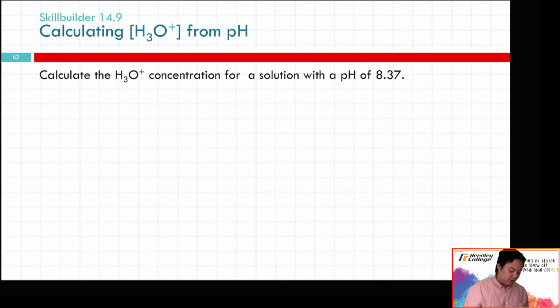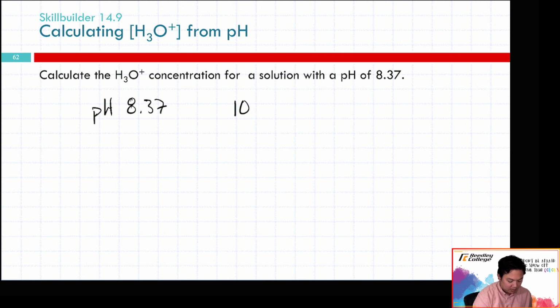So let's calculate the H3O plus concentration for a solution with a pH of 8.37. So if our pH is 8.37, we're just going to say 10 raised to the negative 8.37.